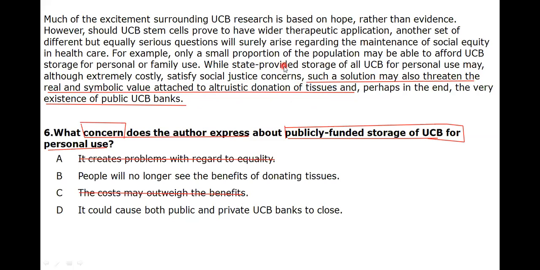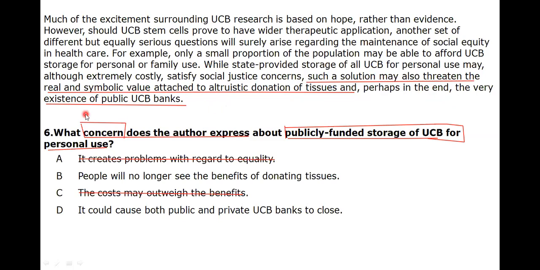But if you use that donation for sale, if you sell it, such a solution may threaten the symbolic value because how would people feel when they get to know that the donations that they are giving for free are being sold? So it will threaten the symbolic value attached to donation.